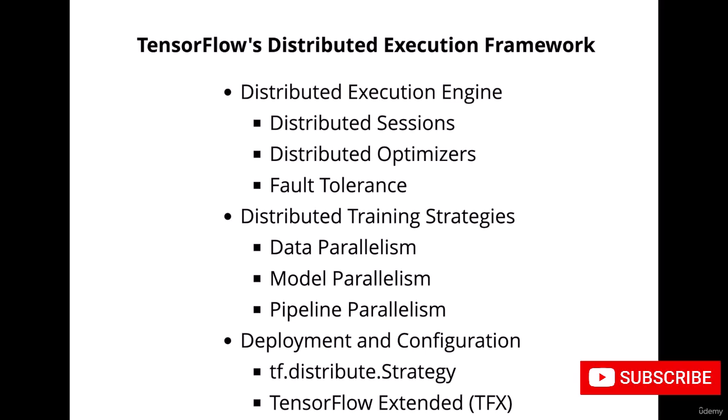TensorFlow's distribution strategy API, tf.distribute.strategy, provides a high-level interface for distributing computation across devices or machines. It supports various strategies such as mirrored strategy, parameter server strategy, and multi-worker mirrored strategy, allowing developers to choose the most suitable strategy based on their requirements and deployment environment.